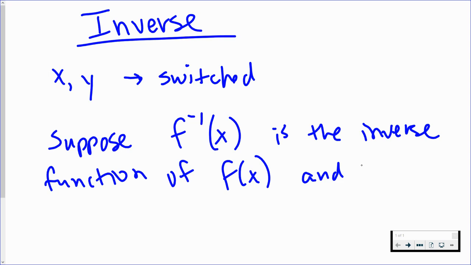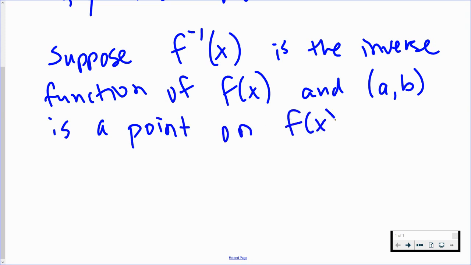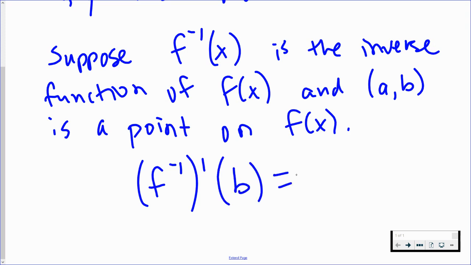Okay, and the point (a, b) is a point on f of x. Remember they're switched, so the point (b, a) would be the point on the inverse function. Then the derivative of the inverse at b is equal to 1 over f prime of a.